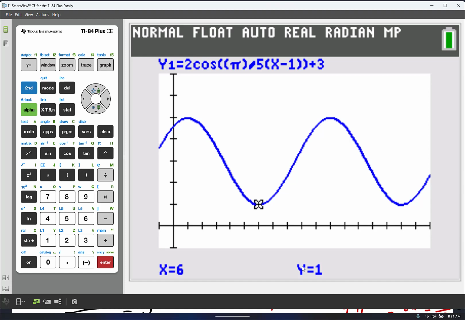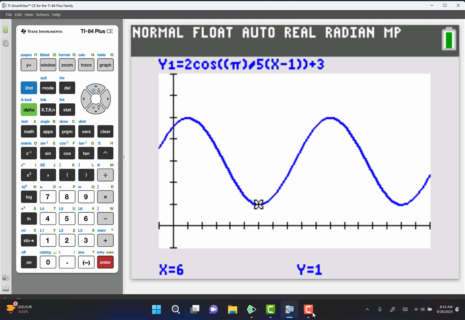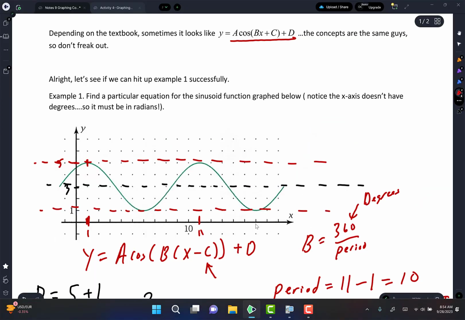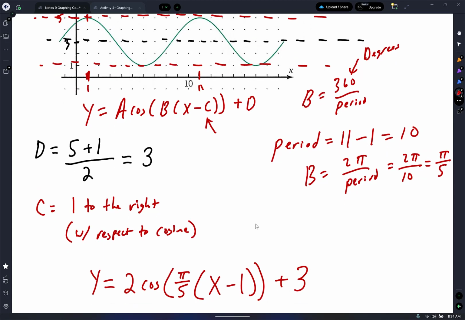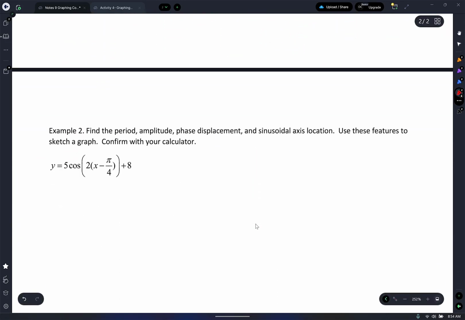Yeah, be careful with your parentheses, guys. When you push the cosine button, it already opens one for you. All right, I think we're good. Look at all that beautiful work. Are you happy? Okay.